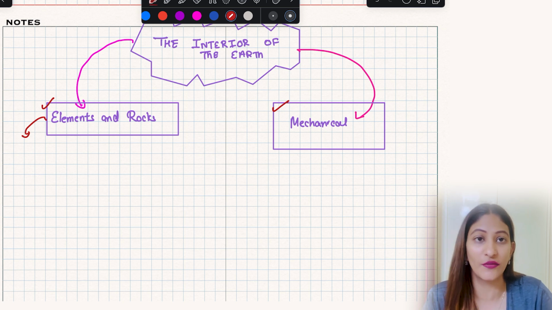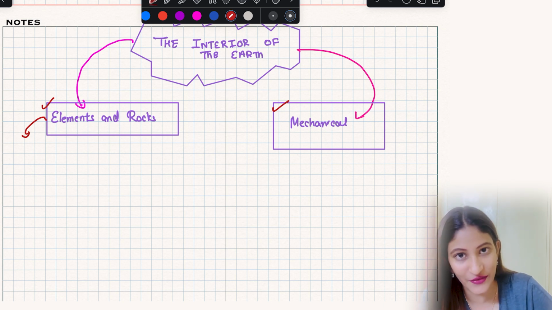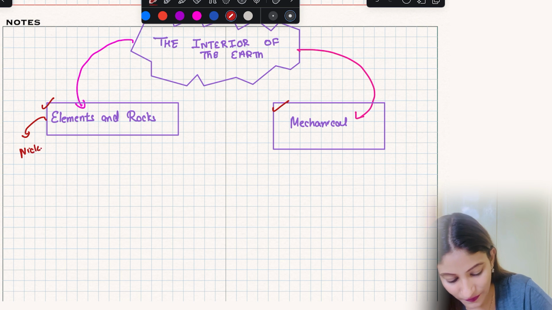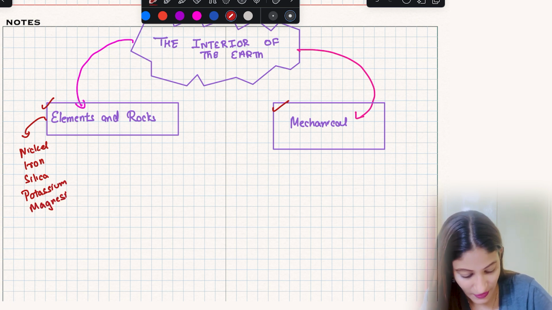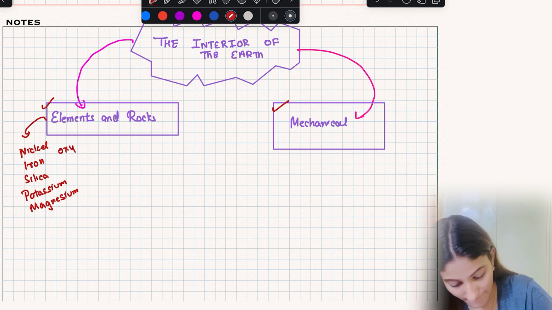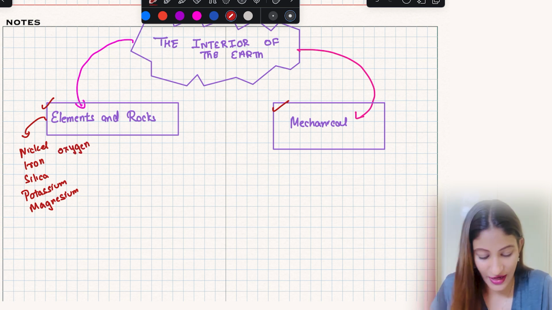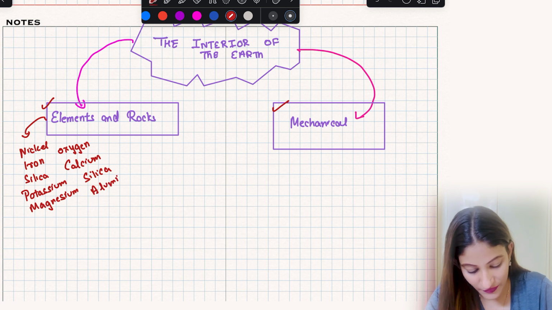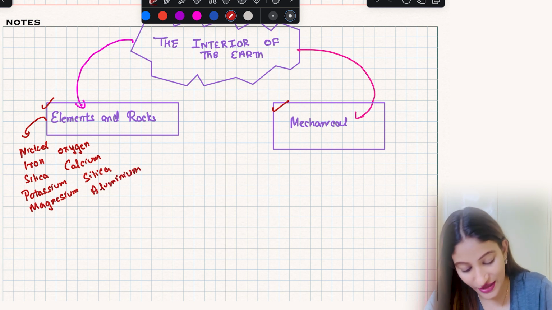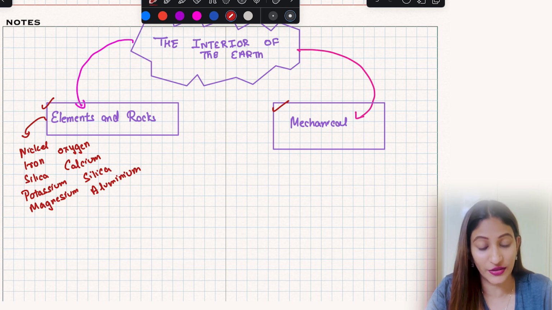We all know that the interior of the earth comprises certain very basic elements such as nickel, iron, silica, potassium, magnesium, even oxygen, calcium, and how can we ever forget aluminium.